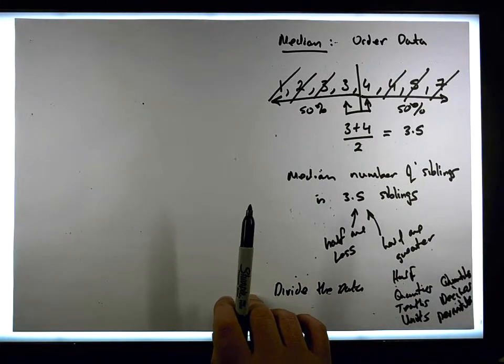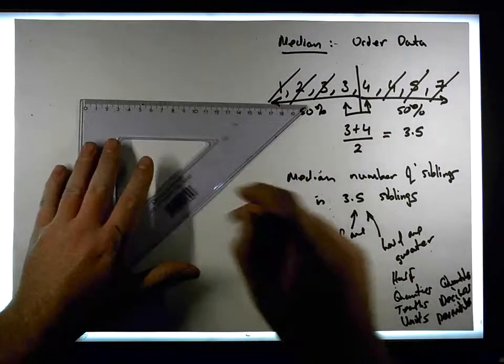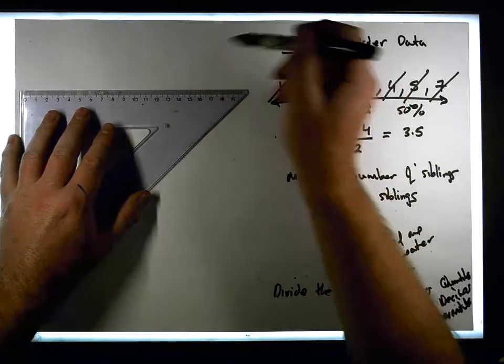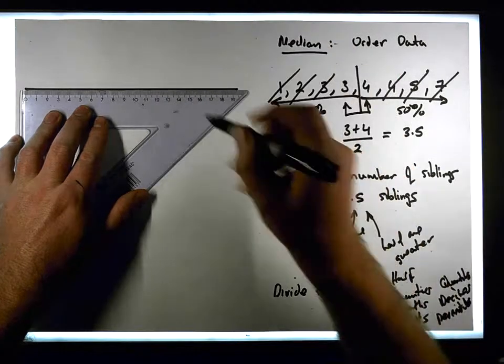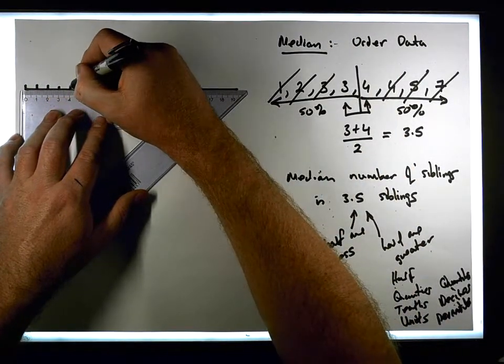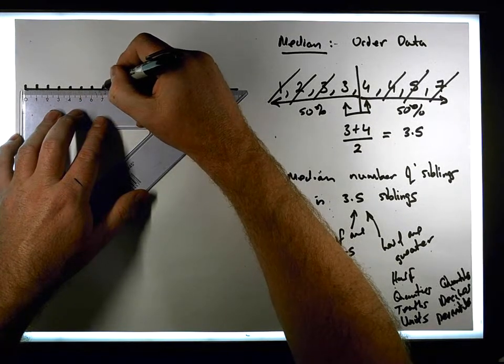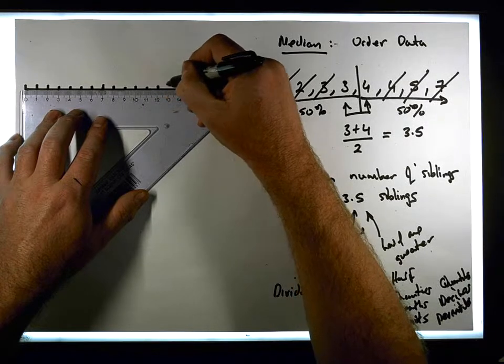So let me just draw over here while we're on this. Where's my ruler gone? Here it is. Let me just draw an axis here so that we can see this. I'm going to put some graduations on it as we're going through, all the way through here, so that we can see this in action.